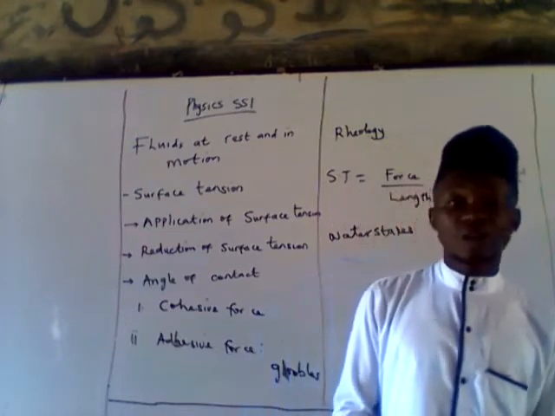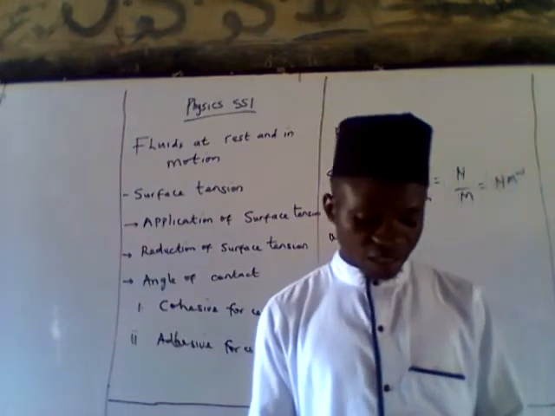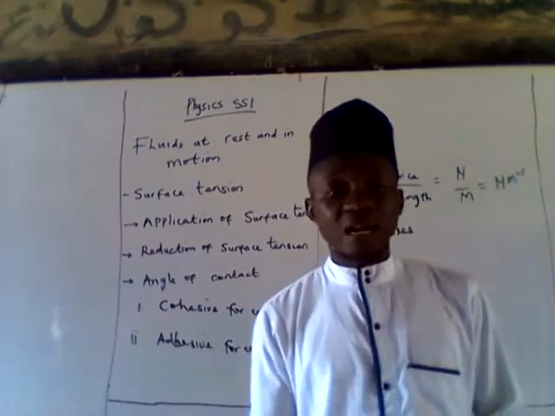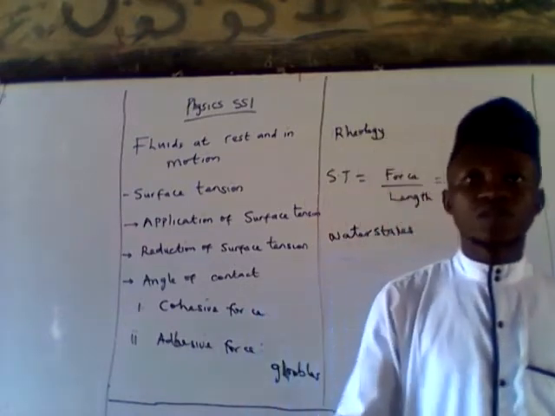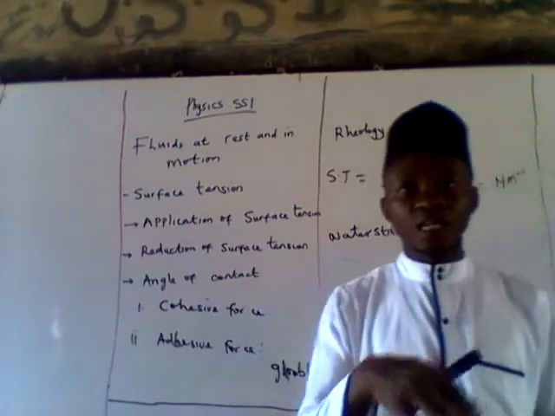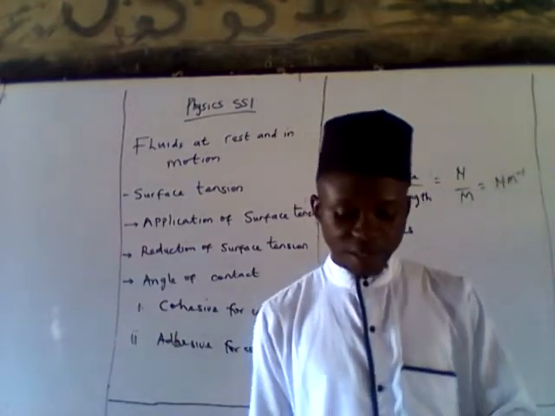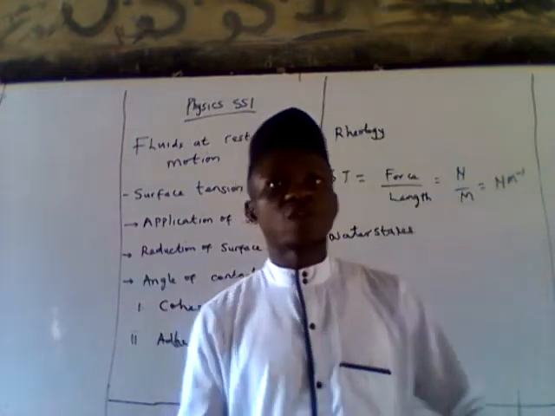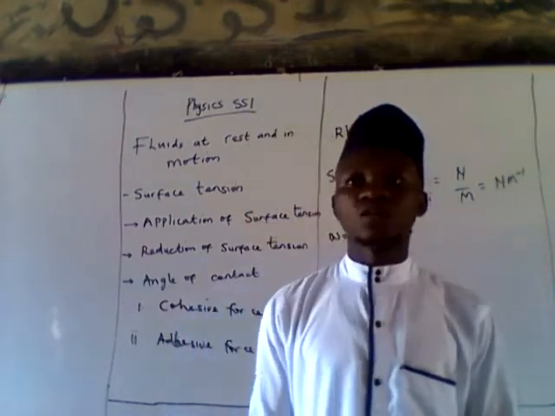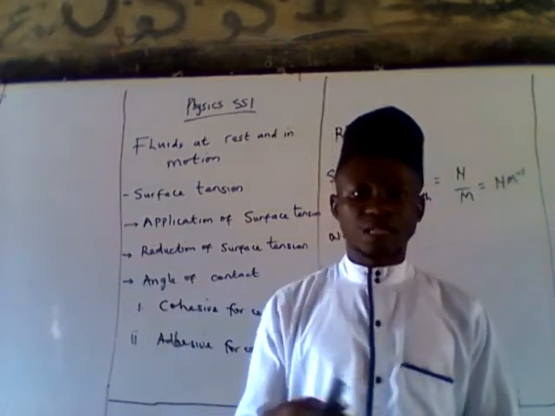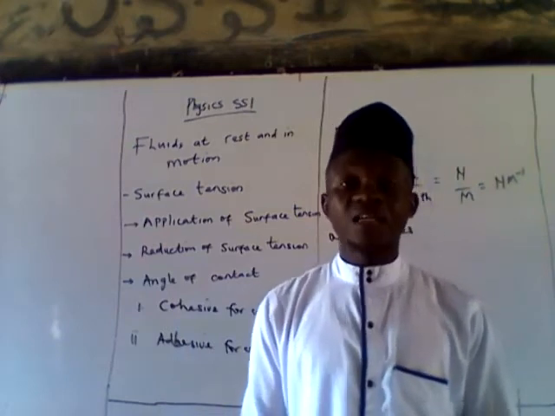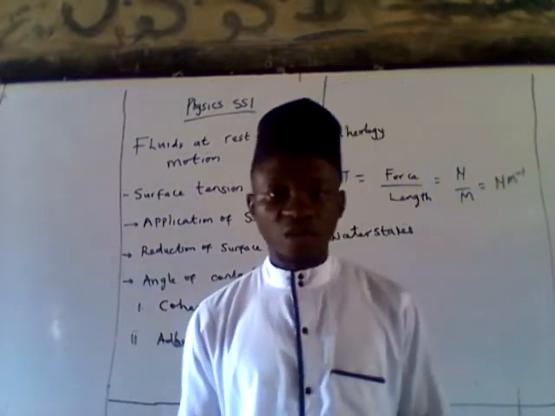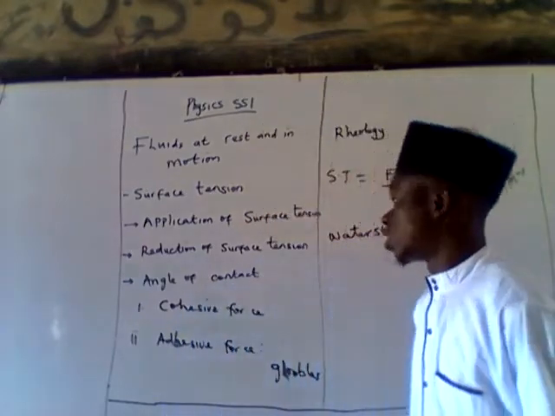Another method is by using alcohol. Once you apply alcohol to a liquid surface, the surface tension of that liquid is going to gradually reduce. Another is by using kerosene. If you apply kerosene to the liquid, likewise the surface tension is going to reduce. And likewise, grease also reduces the surface tension of a liquid.